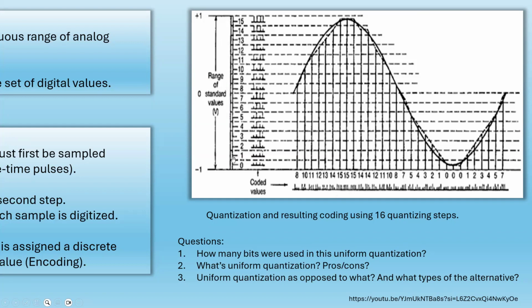But if the signal also contains some smaller changes, the uniform approach is going to put everything through the same size of, I use the word pipe a lot today, which means some of the smaller changes might not be noticed as they should be.